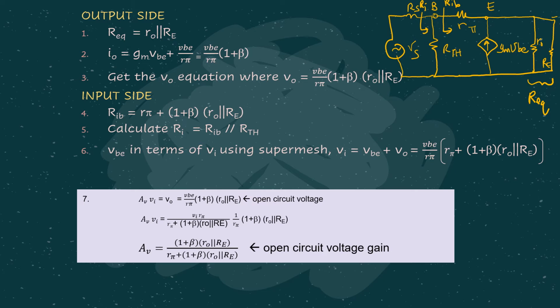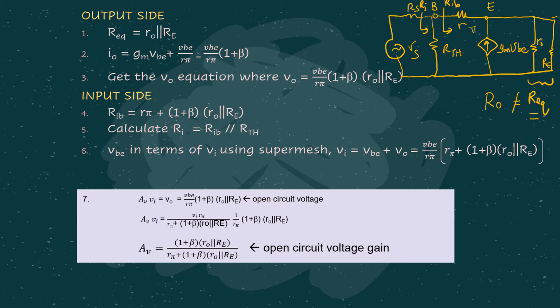First, we need to find the equivalent resistance, which is Req. Please take note, normally in the common emitter amplifier, the first step is to find straight away the output resistance. But since here in common collector we already modified the small signal equivalent circuit, whatever resistor value we are getting from the output side is not straight away equal to the output resistance.